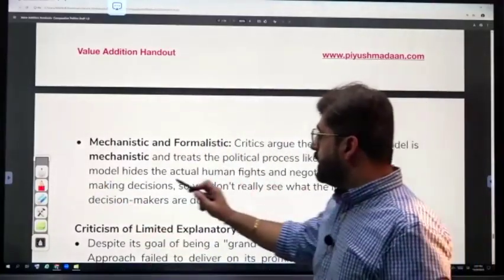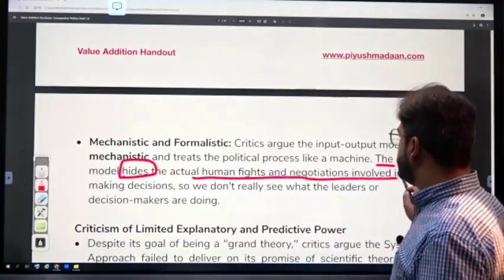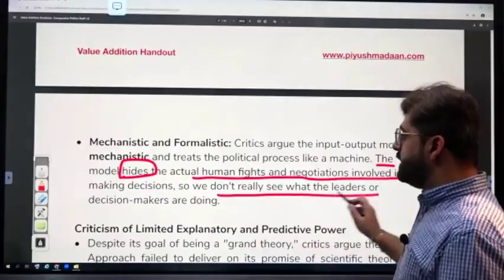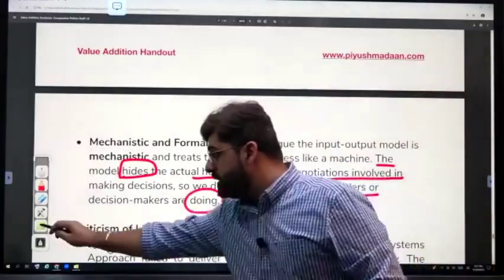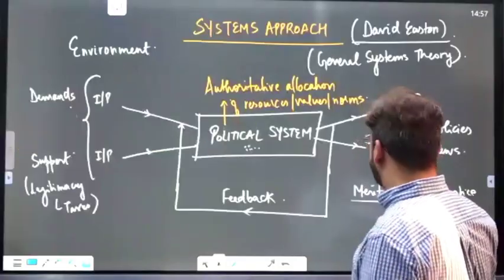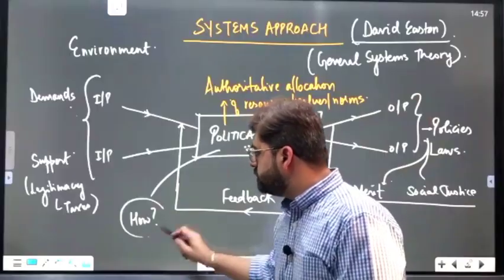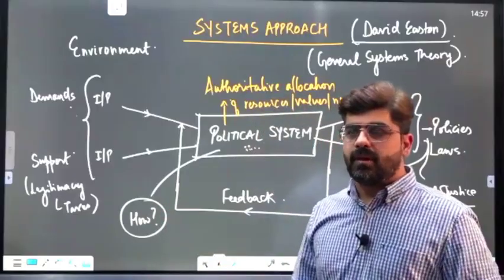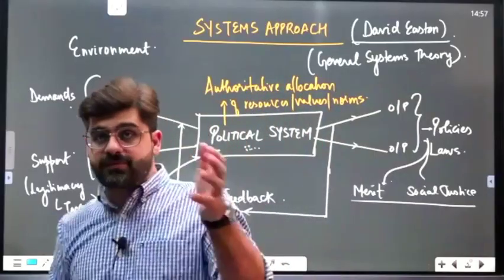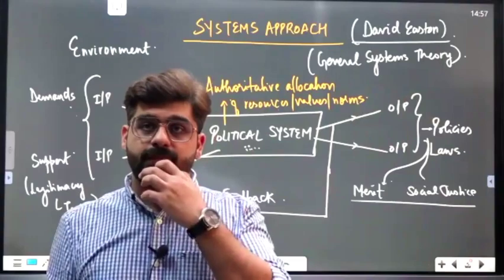The model hides the actual human fights and negotiations involved in making decisions. So we don't really see what the leaders or decision makers are doing. That means what happens here? How decisions are made here, it did not tell. This is more important, how the government on one side and the opposition on the other are clashing in the legislature. You tell us this. This is more important.